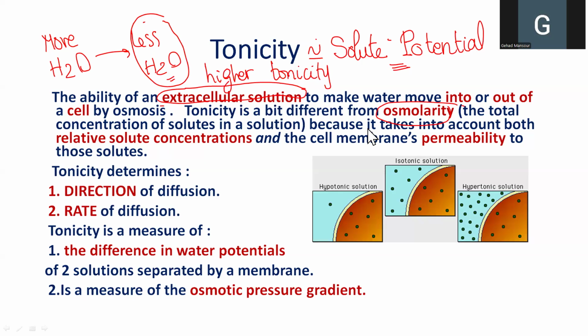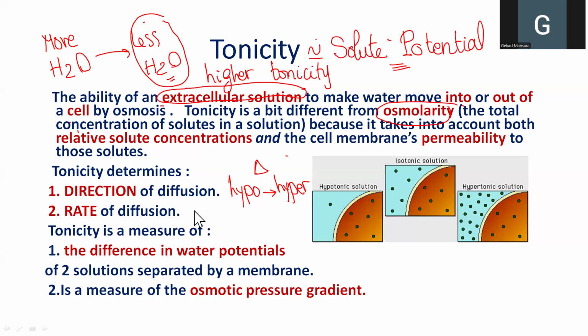The presence of solute particles on one side having a particular tonicity will determine what? First of all, it will determine the direction of diffusion. We already know that water will flow from the hypotonic solution to the hypertonic solution. So there is a difference or a gradient in tonicity between them.